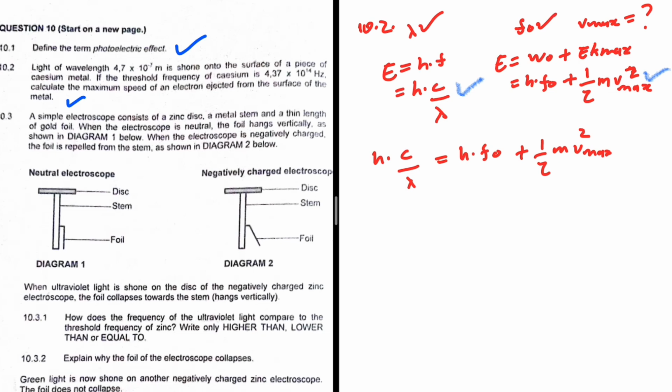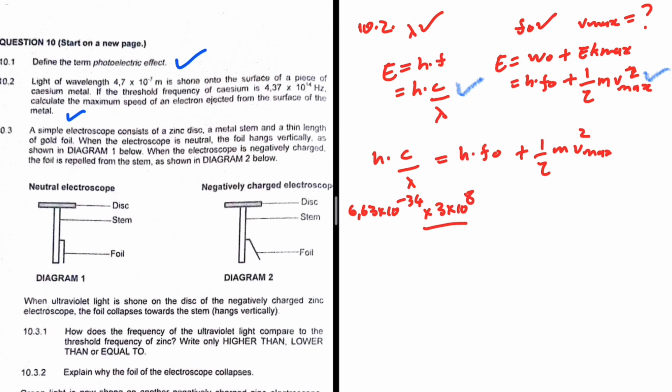So now we can go ahead and calculate. Planck's constant is 6.63 times 10 to the minus 34, multiplied by the speed of light, which is 3 times 10 to the power 8, divided by the wavelength. The wavelength is 4.7 times 10 to the minus 7 meters.